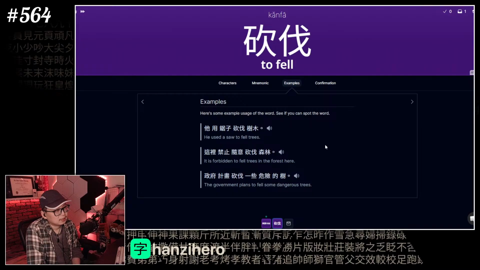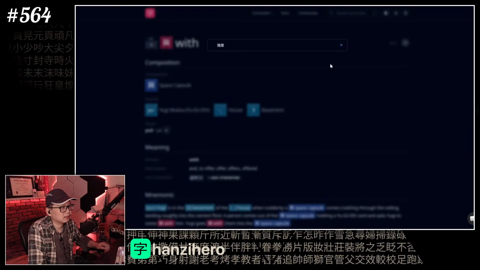Bunpro. Forest. What was forest? 松林, 森林, wrong location. Actually, there's no such thing as. Oh no, there is. I'm thinking of pine. 森林. 随意, I don't know if I understand how this works.